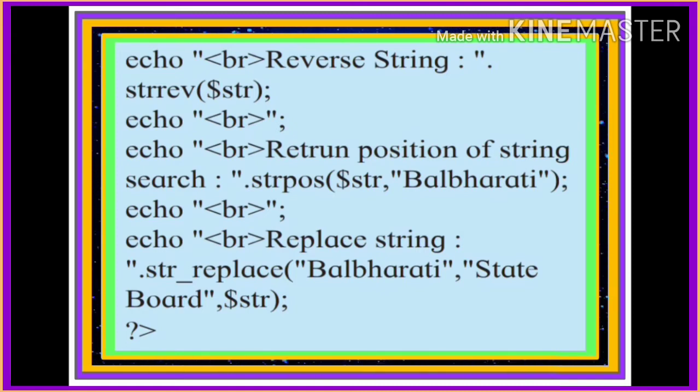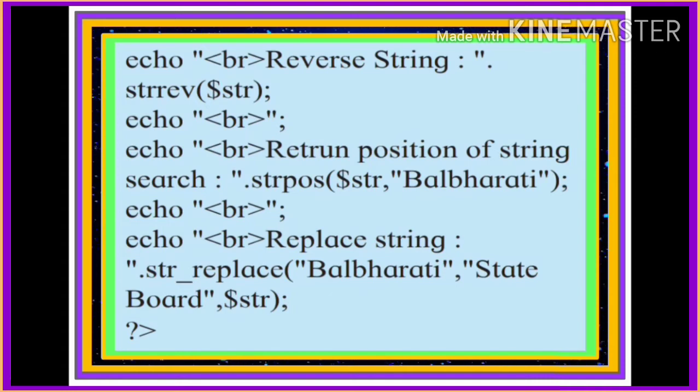So this is the string which passes in this function in the form of the str variable, the first argument, comma, and the second argument to be passed is Balbharti, to search within the string and return the character position. So in the strpos function we have to pass two arguments.